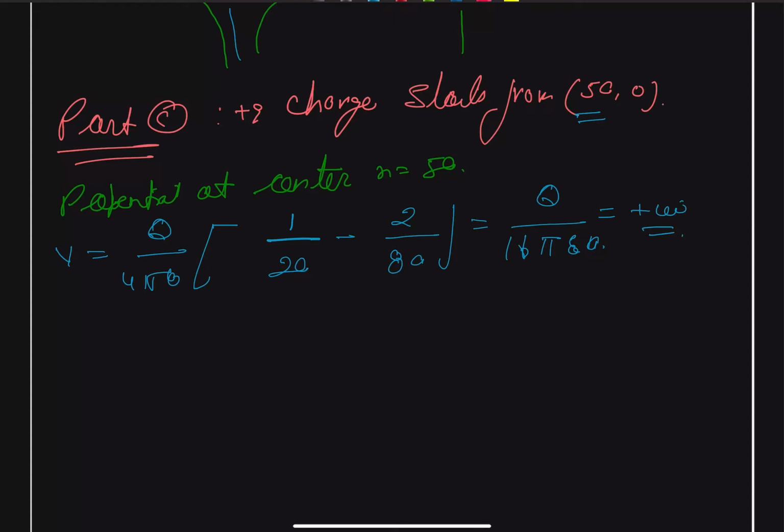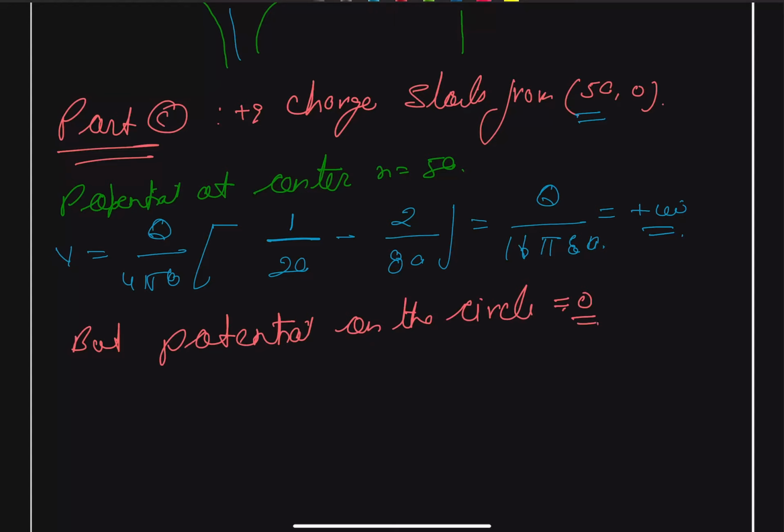But we know that the potential on the circle is 0.